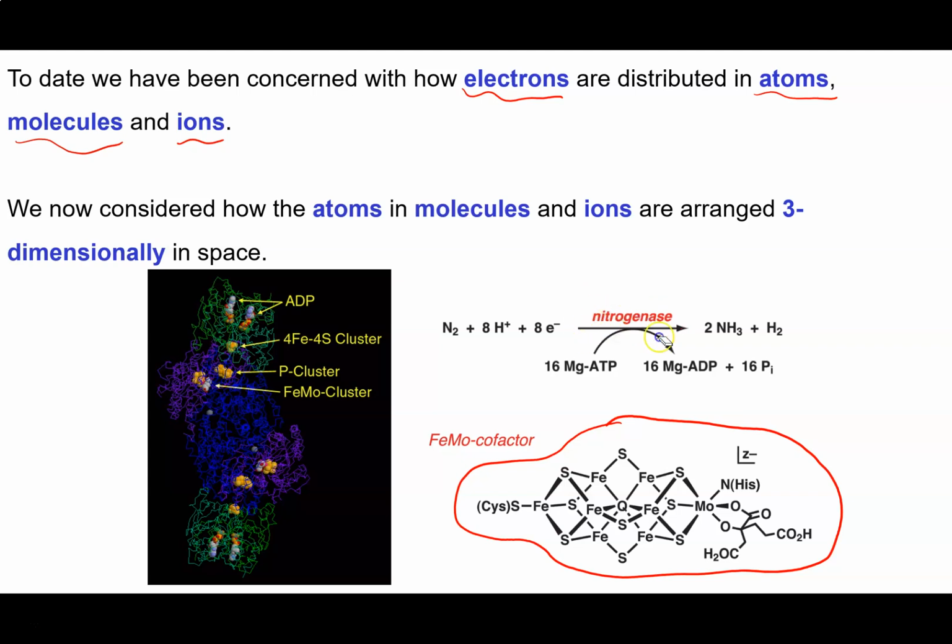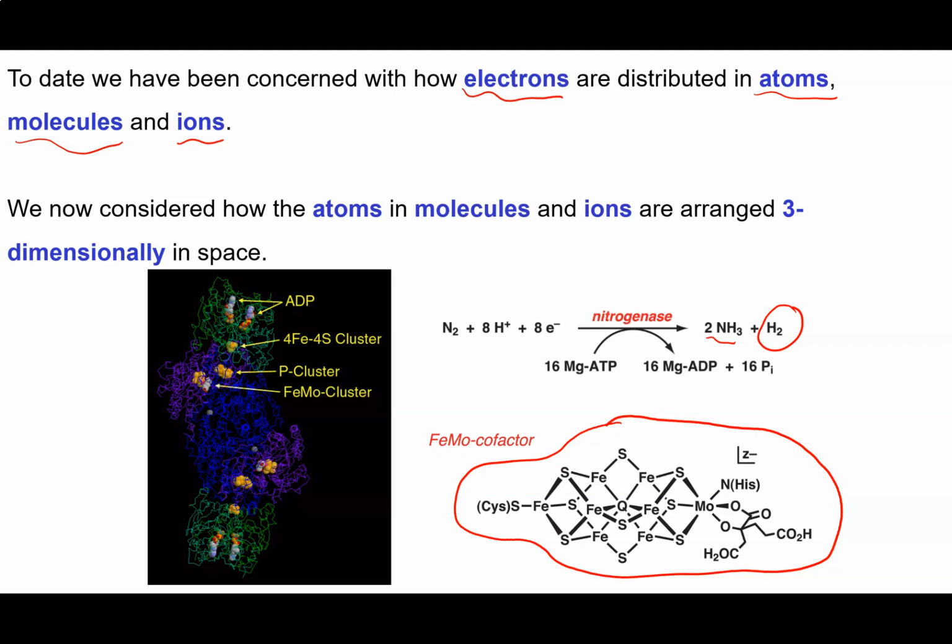So the nitrogenase protein takes nitrogen gas and adds to it protons and electrons, and it forms ammonia and hydrogen. Now, conventionally, when humans attempt to do this reaction in the absence of the nitrogenase protein, we require very high energies, and in fact it's estimated that about 5% of all global energy is used performing this reaction artificially.